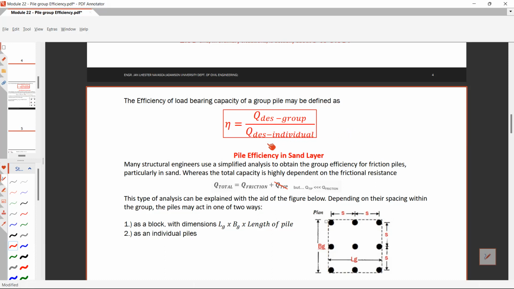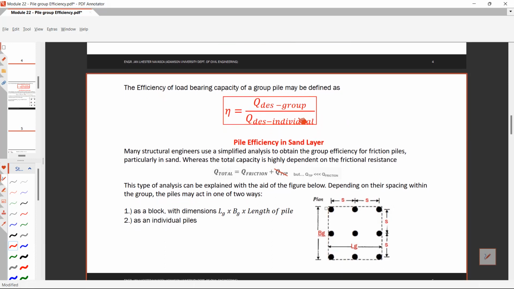And this one is the designing capacity of the piles when the piles is acting individually. Again, take note of the word designing capacity when the piles is acting as a group, and the designing capacity when the piles is acting as individual.